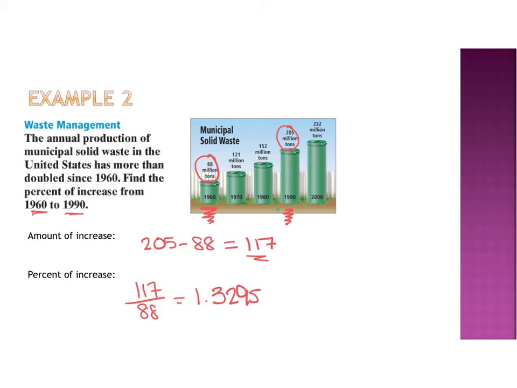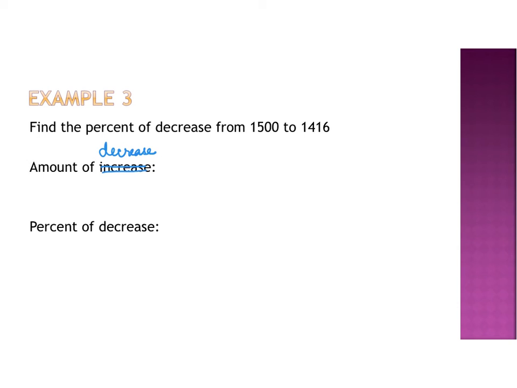This is the amount on my calculator. When I move my decimal place 2 places to the right, that gives me 132.95, or something around 133% increase.